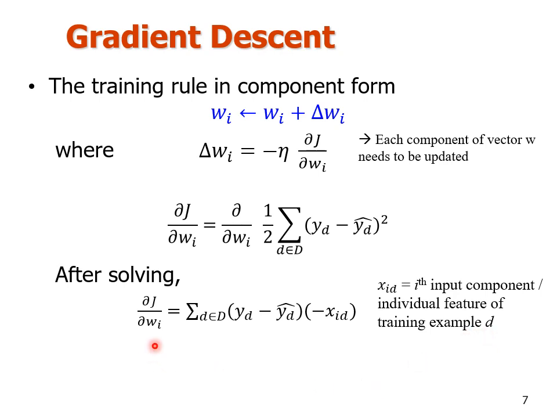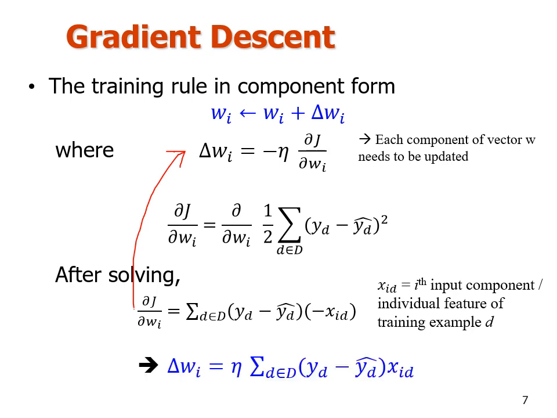And now by simply substituting this partial derivative of j with respect to wi in our earlier expression for delta wi, we now get the expression for delta wi equal to eta times summation over small d that belongs to capital D, yd minus yd hat into xid.